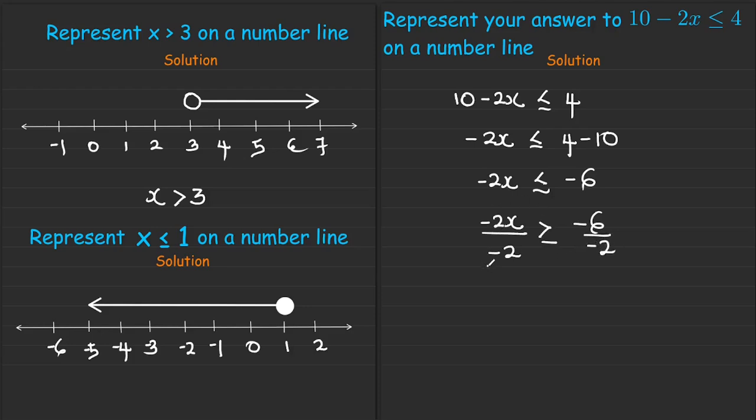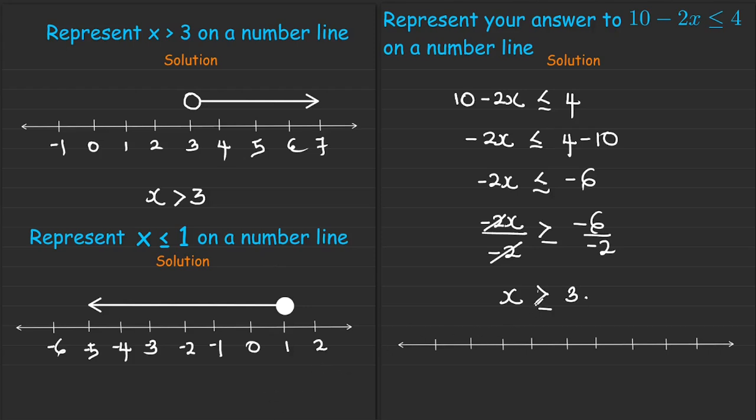Why? Because we are dividing by a negative. So this negative 2 takes out the negative 2, and then we are left with x, which is greater than or equal to negative 6 over negative 2, which gives us 3. So this is what we want to represent on the number line.